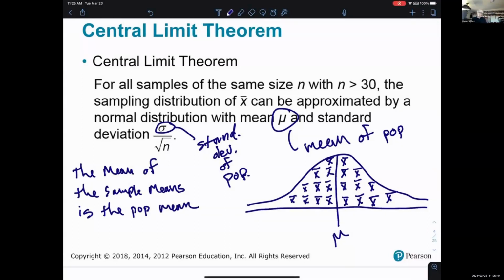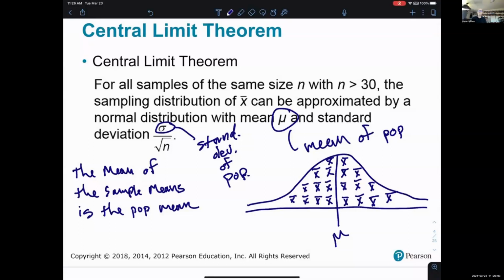The mean of the sample means is the population mean. So that means that you can use sample means as an estimator for the mean of the population.